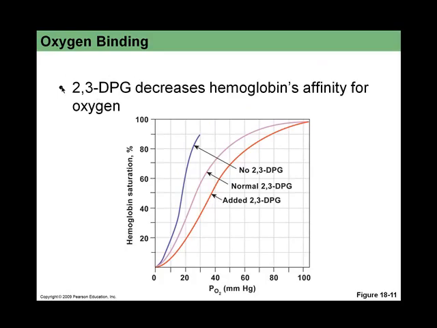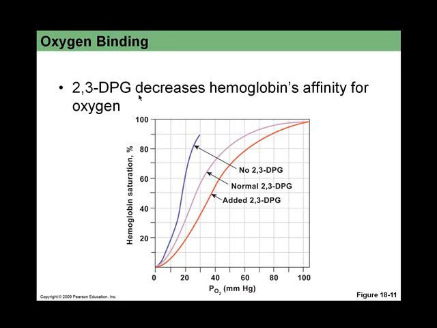Now we think of a situation where 2,3-DPG would increase in the red blood cell, and you'll have to read the textbook to pick up on that. There are metabolic conditions that lead to this, basically levels of oxygen.